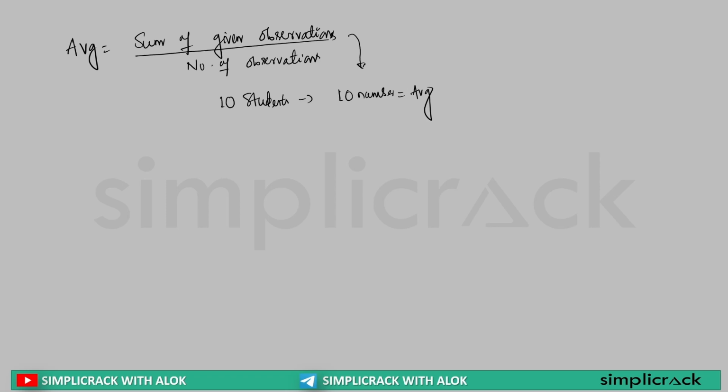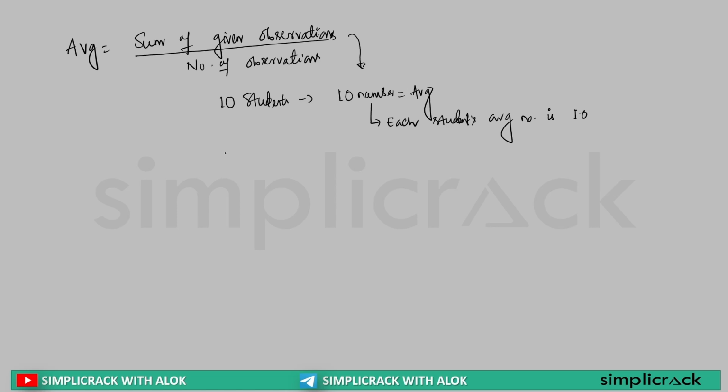So each student, with this hypothesis, understand, that means the average number is 10 for 10 students. That means each student has an average number of 10.